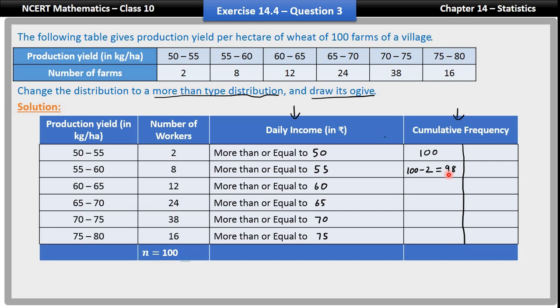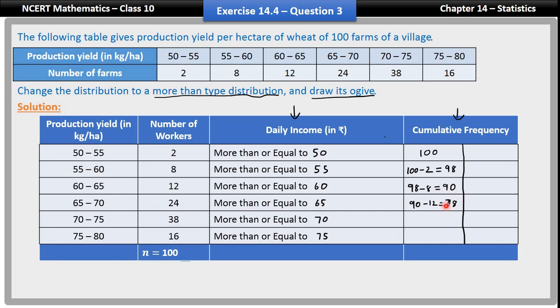Now from this 98, subtract that row frequency to get the next row cumulative frequency. That is 98 minus 8, which is equal to 90. Now from this 90, subtract 12, which is 78.